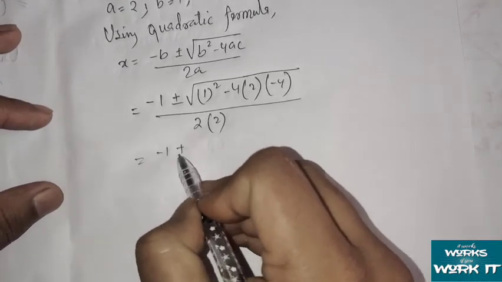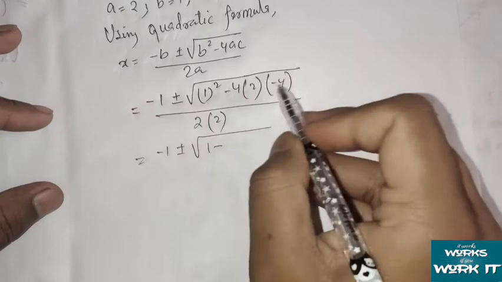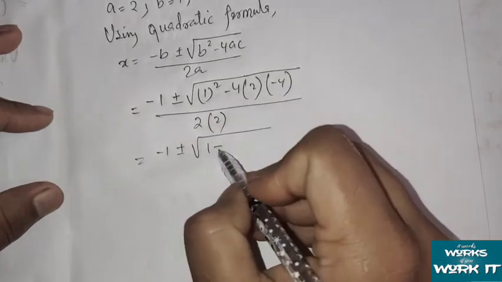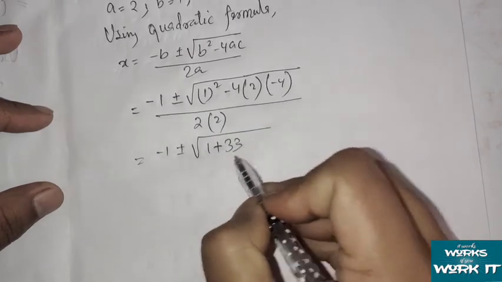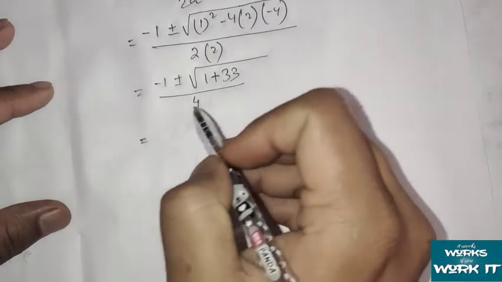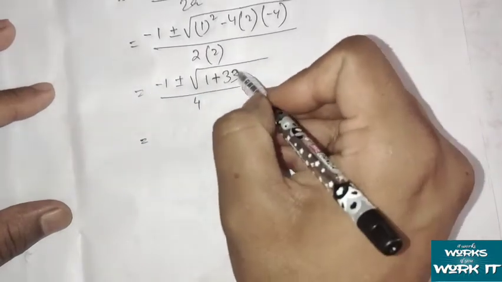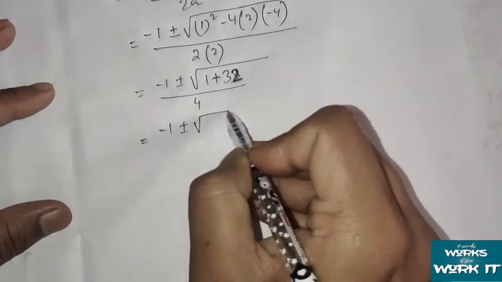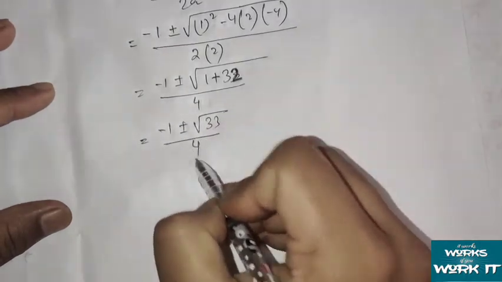So minus 1 plus minus 1 minus, it will give us 4 into 2, 8, 8 into 4, 32. So minus and minus will become plus. So it will be 33 by 4. So minus 1 plus minus root over 33 divided by 4.